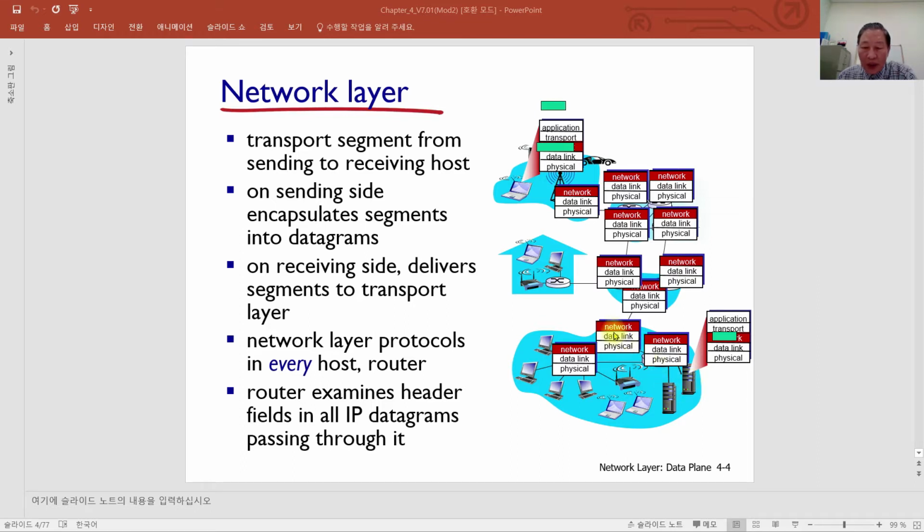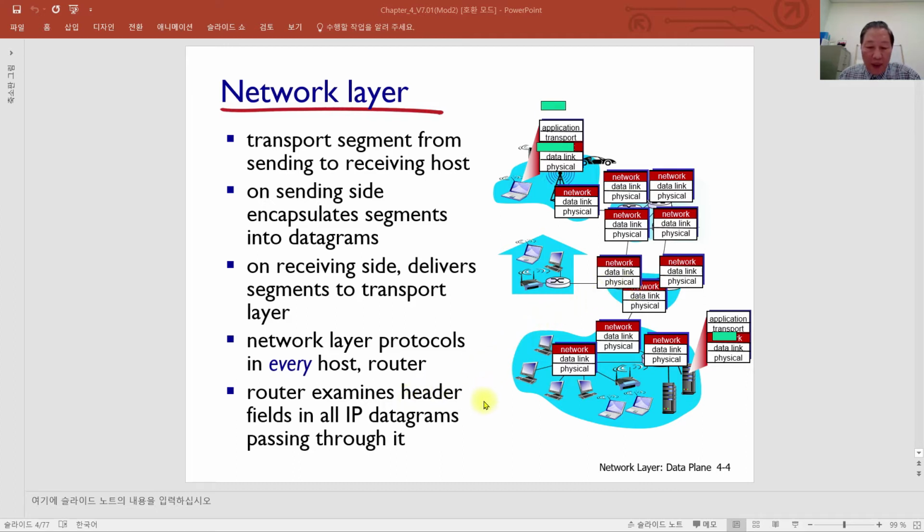And even these intermediate routers are called nodes. We can call all of them nodes, and these computers are usually called hosts. And the intermediate node, this one is a router, mainly to route our packet to the final destination.